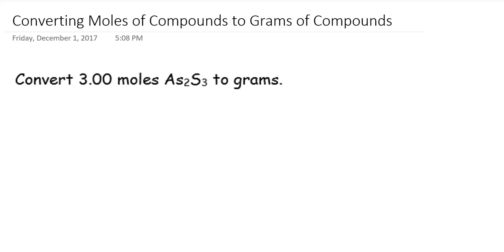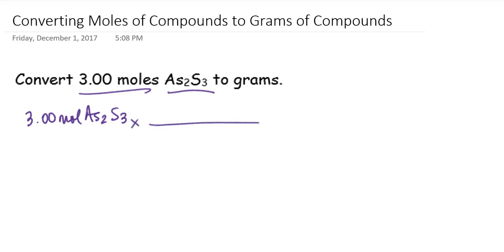So again, in this first example, I've been asked to convert 3 moles of diarsenic trisulfide to grams. Much like our typical dimensional analysis setup, the best place to start would be to write out your given information. So you have 3 moles of diarsenic trisulfide. I'm going to set up a multiplication sign and begin to assemble my first conversion factor.